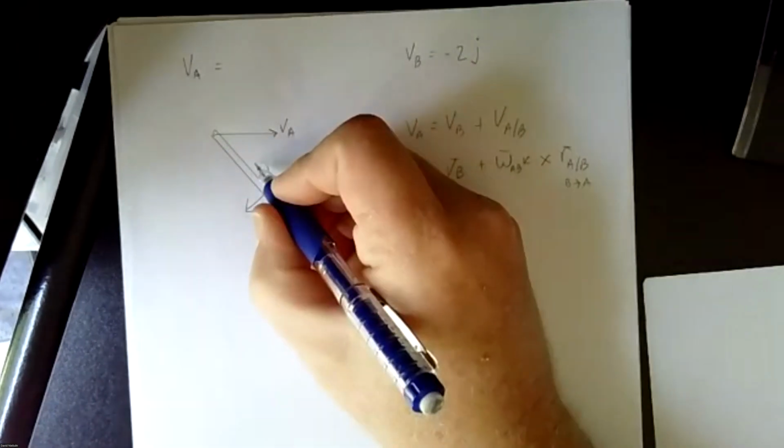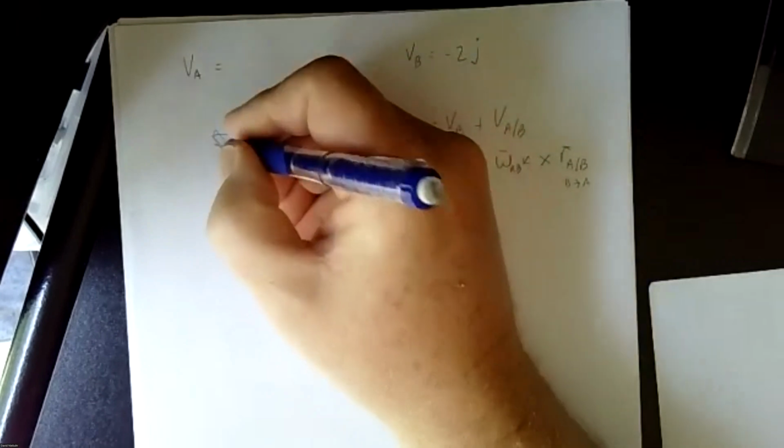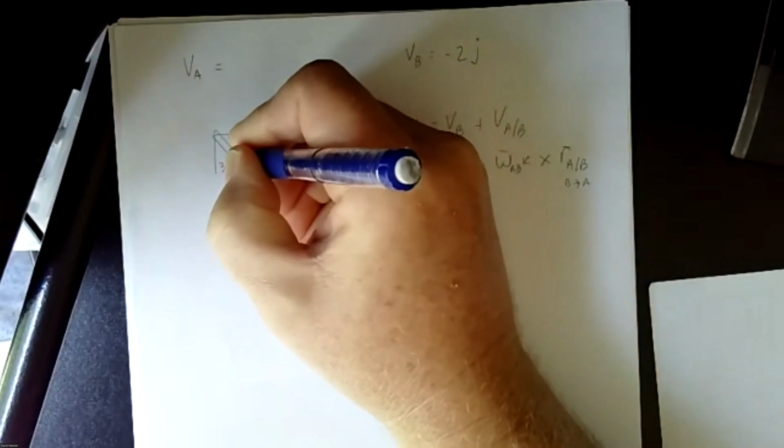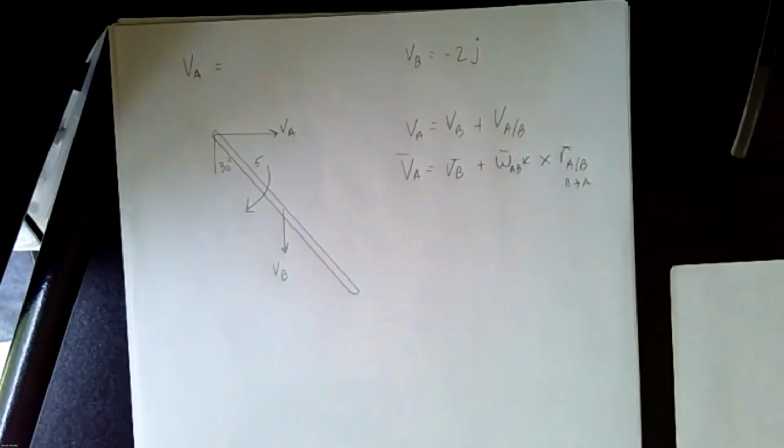All right, so let's figure out what our B to A is. Well, we know that this is 5 feet long, and we know that angle is 30 degrees. So that's fairly easy to figure out.